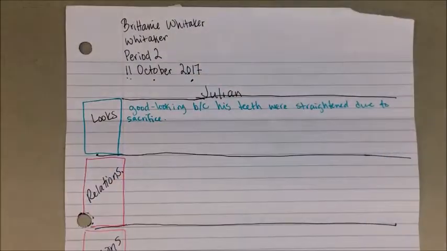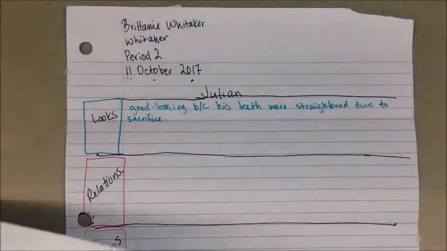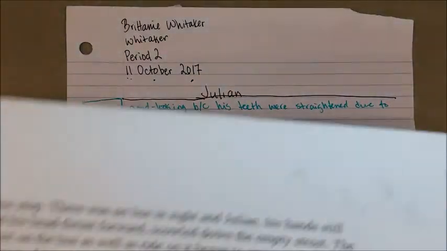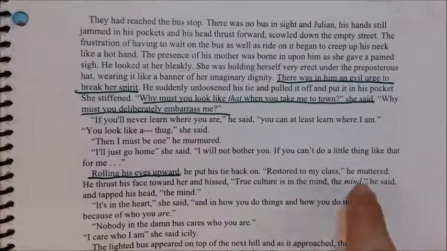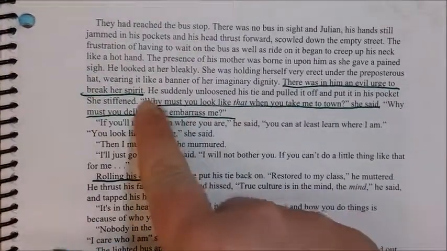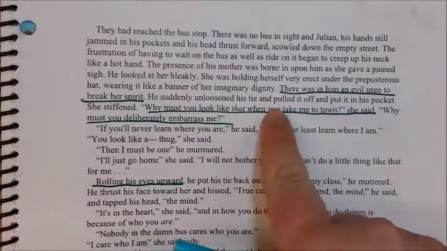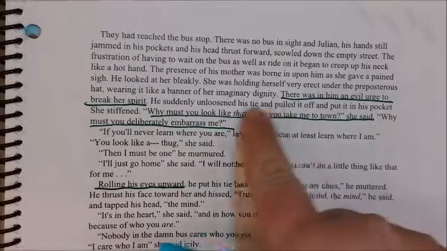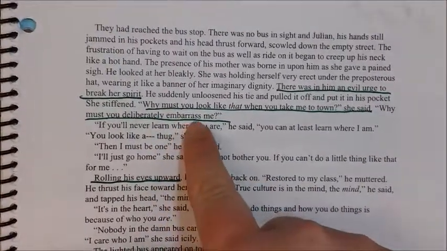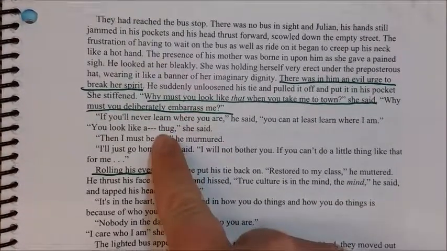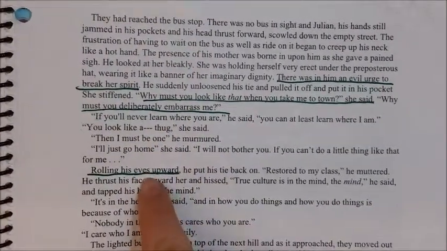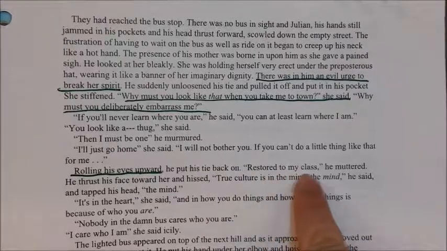We also know on page 37 that he dresses nicely when he goes out with his mother. He suddenly unloosened his tie and pulled it off and put it in his pocket. And then his mother accuses him of deliberately embarrassing her and says he looks like a thug. And then he puts his tie back on and says, "Restored to my class."